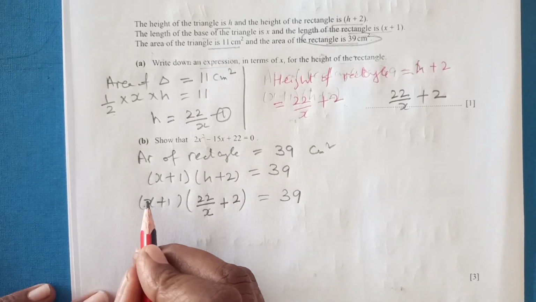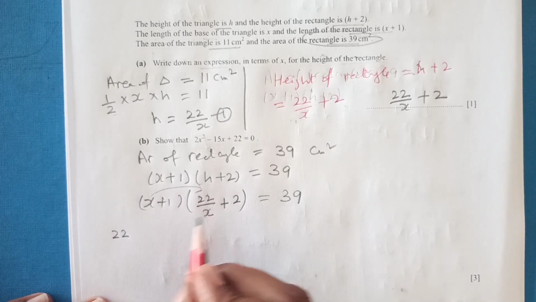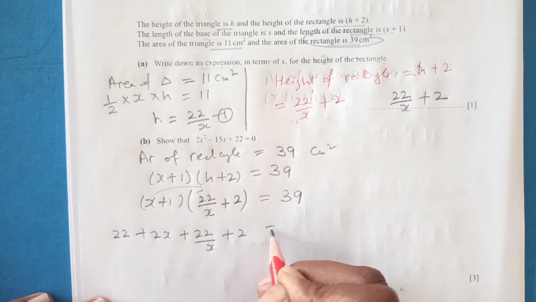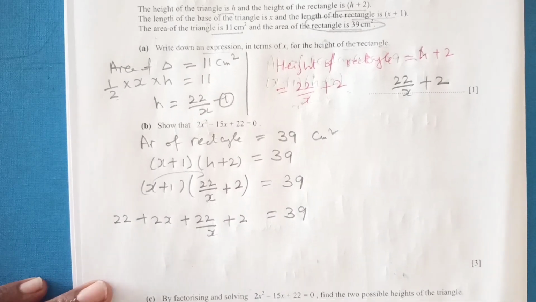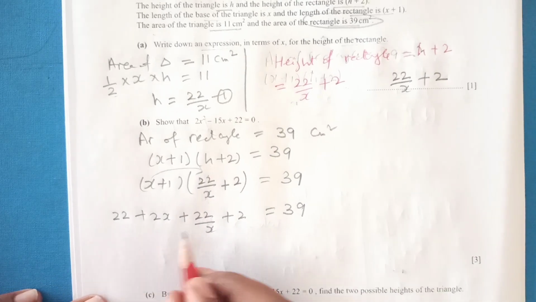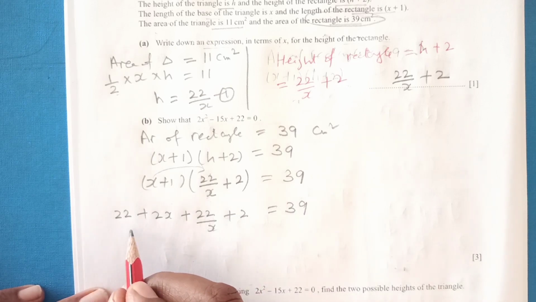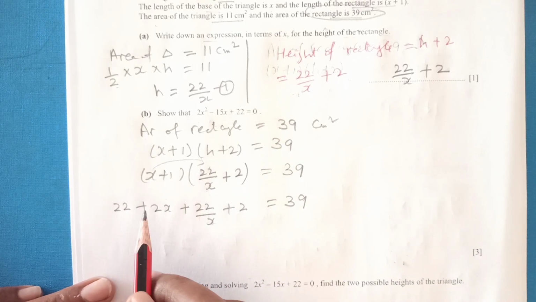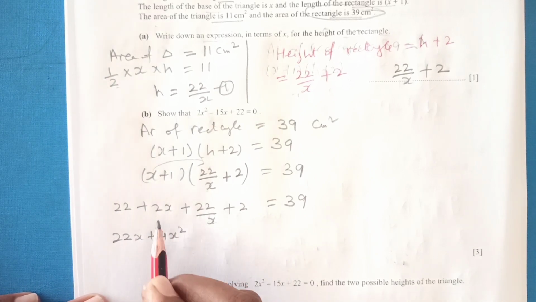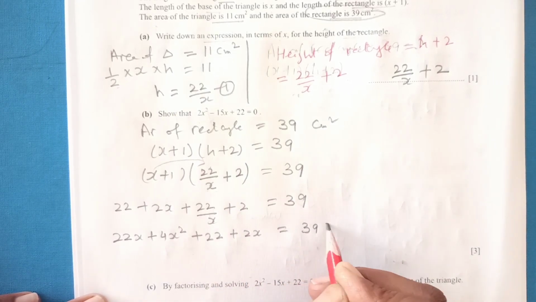Now just expanding the bracket, this will become 22, because the x will get cancelled here, then plus 2x, then plus 22 over x, plus 2 equals 39, right? So now let's simplify this by multiplying throughout the equation by x. So when you multiply by x, the whole thing is going to become 22x plus 4x squared, plus 22 plus 2x equals 39x, right?